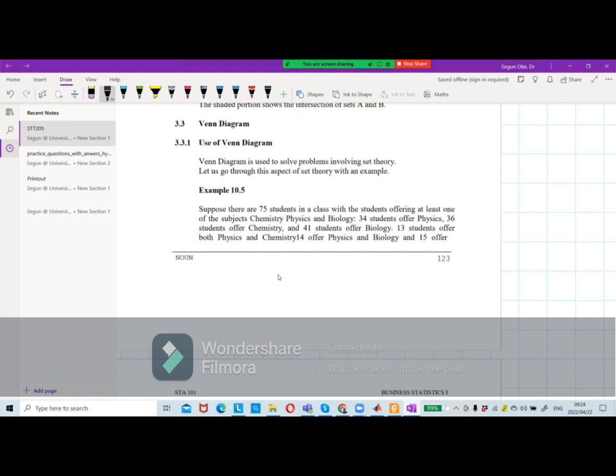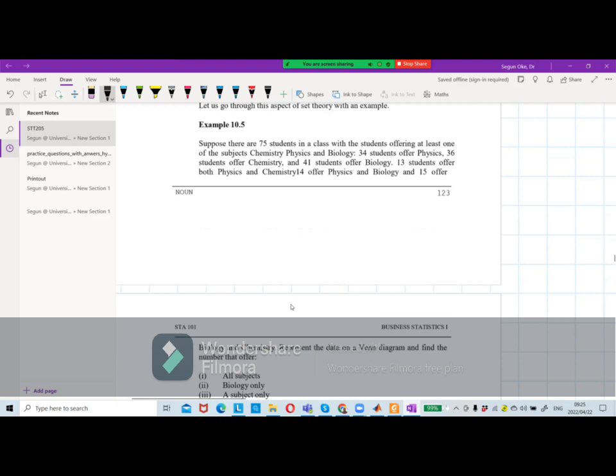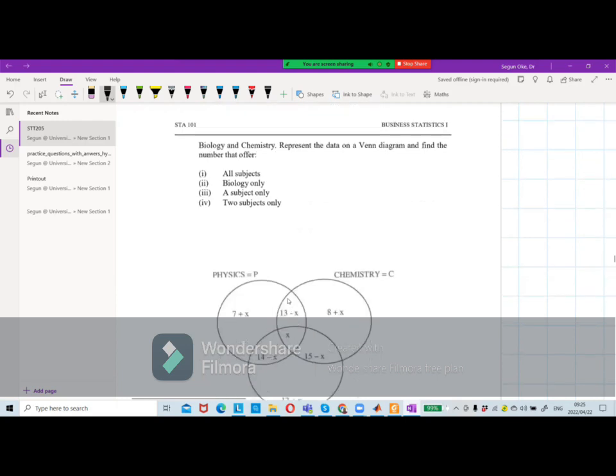And 41 students offer biology only. 13 students offer both chemistry and physics. And 14 offer physics and biology. And 15 offer both biology and chemistry. Represent the data on a Venn diagram.